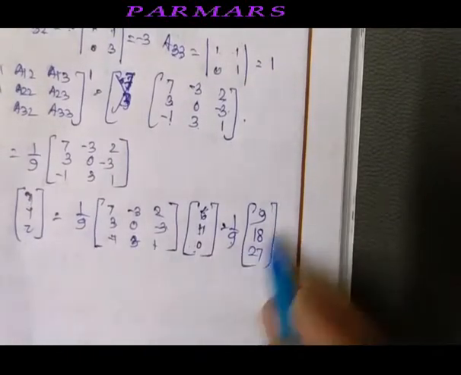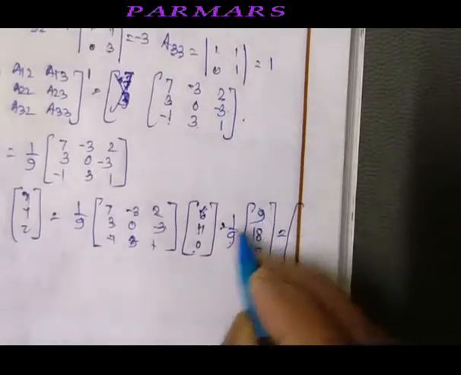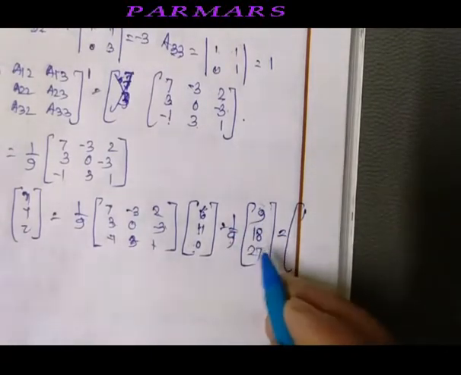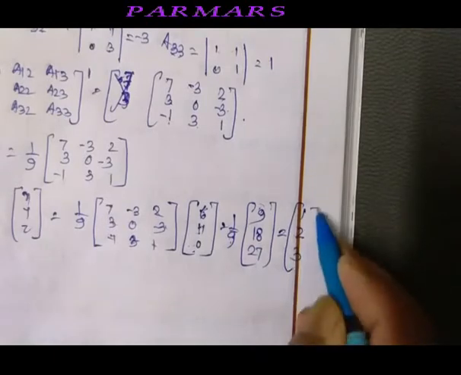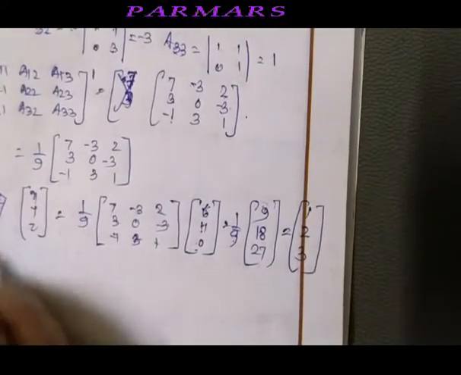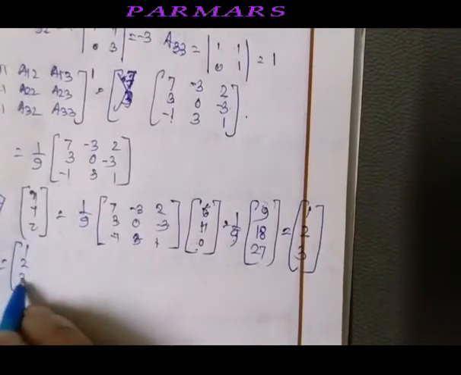Okay, now we are going to divide each element by 9. So what we get: 9 by 9 is 1, 18 by 9 is 2, meaning we have to multiply each element by 1 by 9. So 1 by 9 into 9 is 1, 1 by 9 into 18 is 2, 1 by 9 into 27 is 3. So the column matrix X, Y, Z is equal to the column matrix 1, 2, 3.